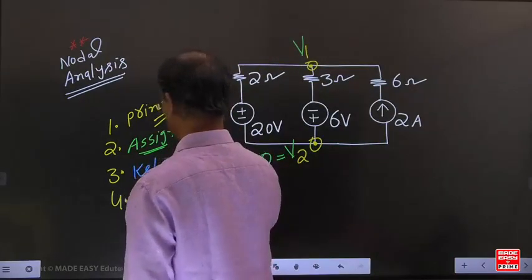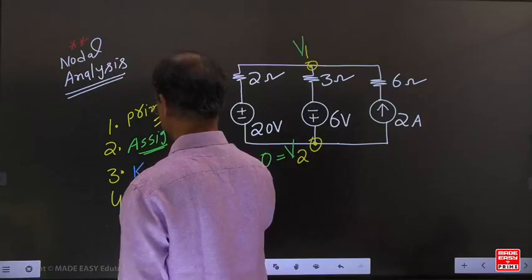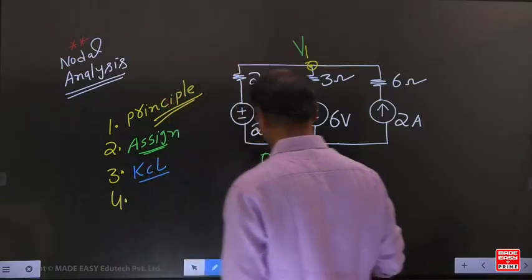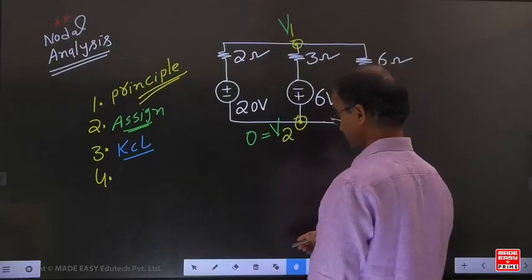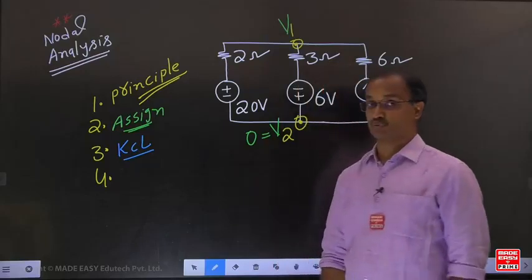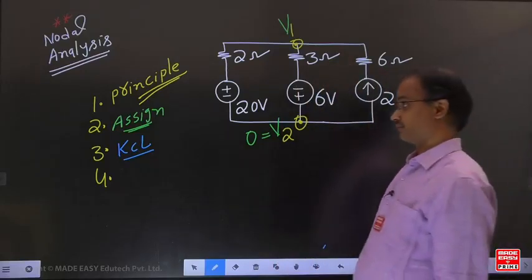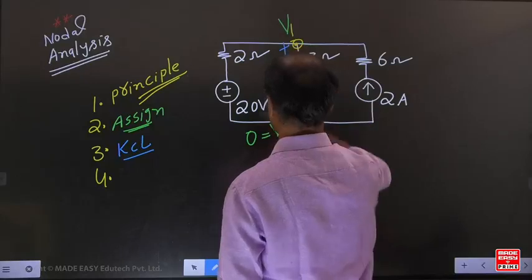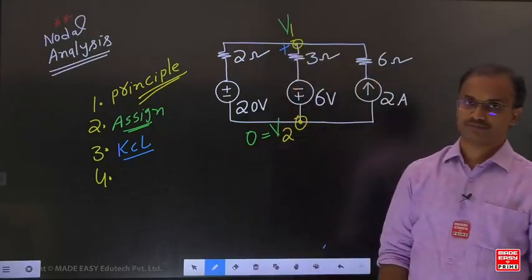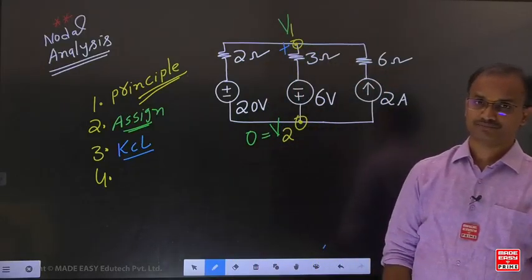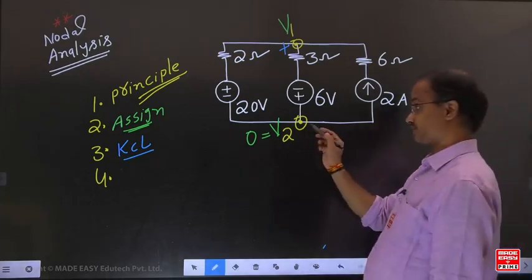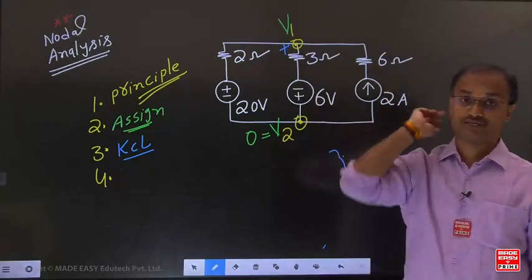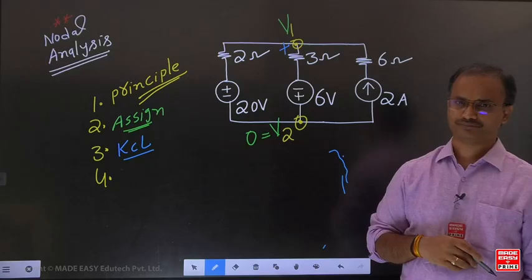Develop the KCL equation at each non-reference node. In this example, with respect to ground, the polarity at this point is plus. Ground is the lower potential, and with respect to it, V1 is always the higher potential.